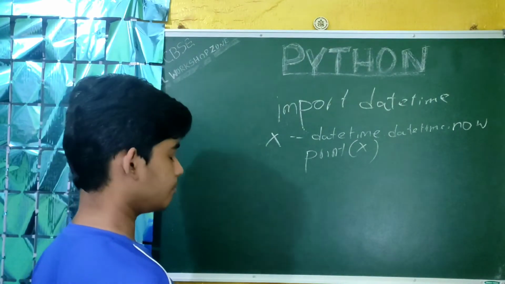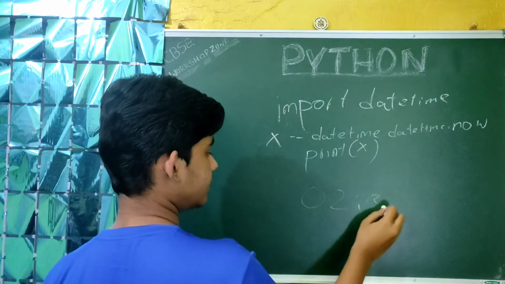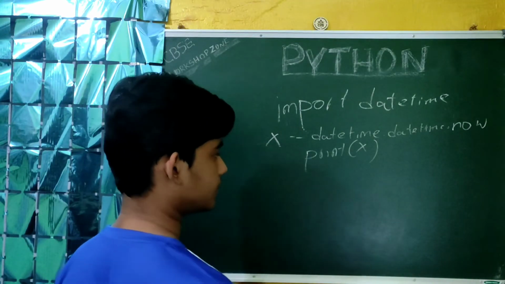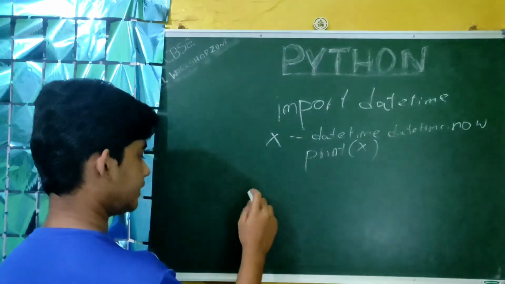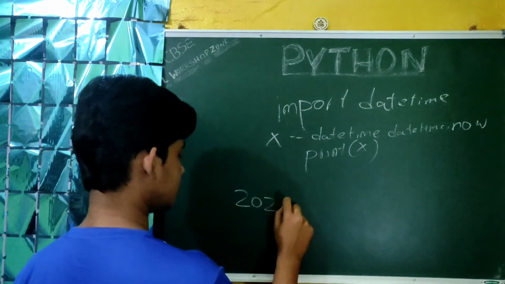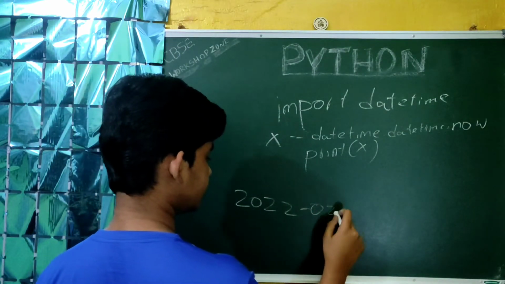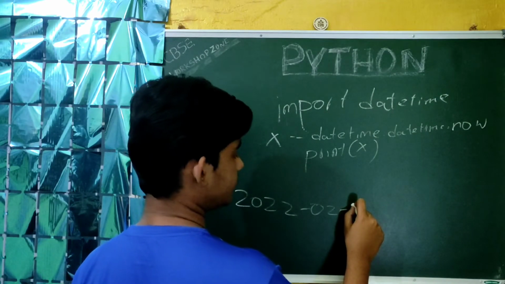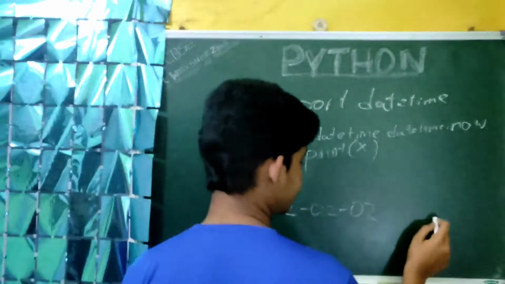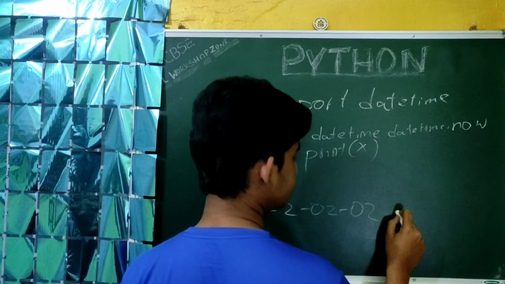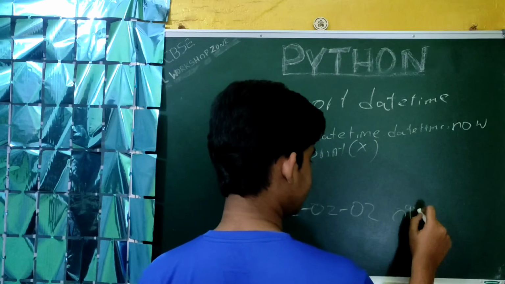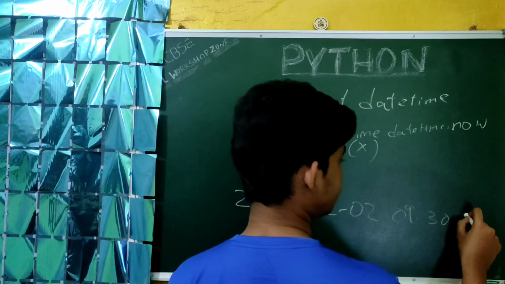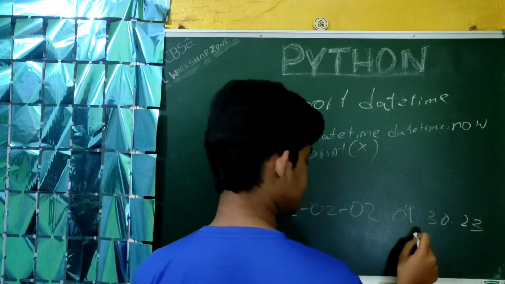But instead of just printing something like 2:30 or 8:30, it will print it in a specific order: year, month, date, and then the hour, minute, and second, for example 9:30 and 23.